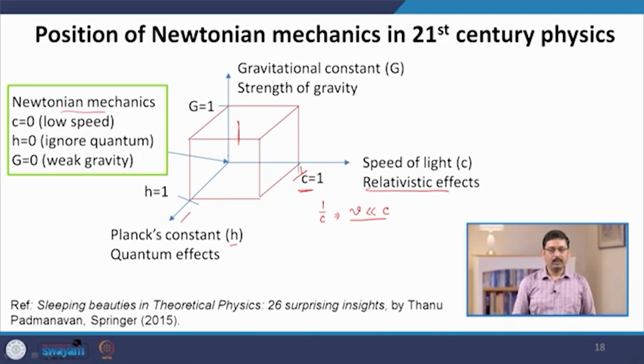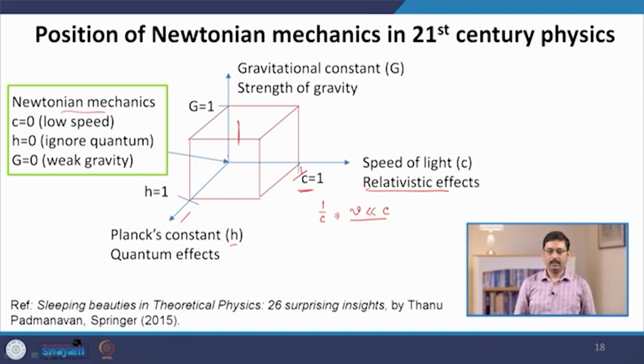Similarly, G equal to 0 represents the case where the gravitational force is weak. That weak means the gravitational force can be described to reasonable accuracy by Newton's laws of universal gravitation, whereas G equal to 1 represents the fact that the gravitational forces are very strong, for example, between a black hole and a star, or between two massive stars.